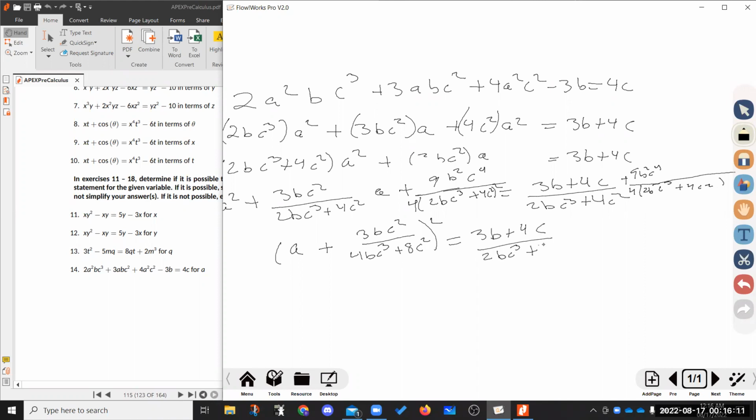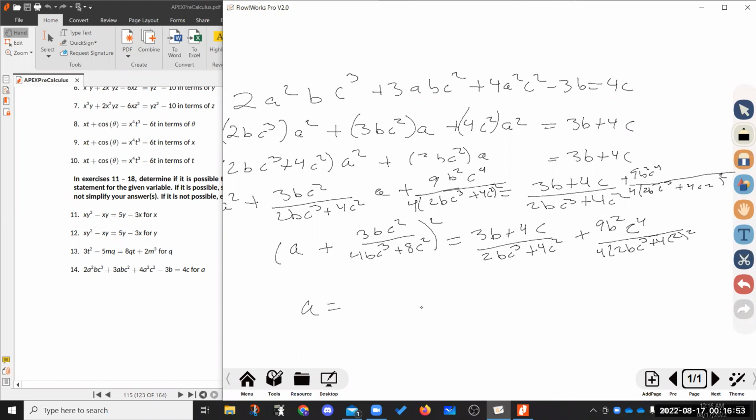2bc cubed plus 4c squared plus 9b squared c to the 4th over, let's call this 8bc cubed plus, oh no, that's squared. So this is 4 times 2bc cubed plus 4c squared, squared. So let's go ahead to solve for a.